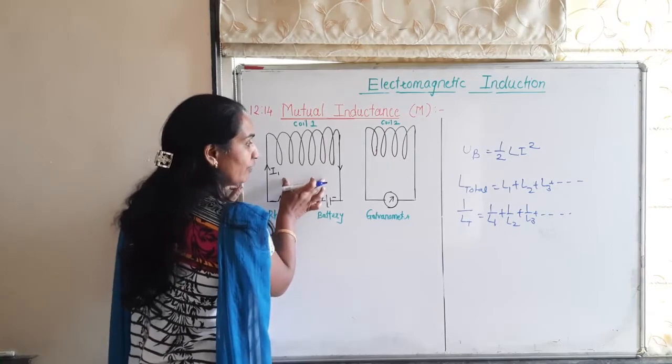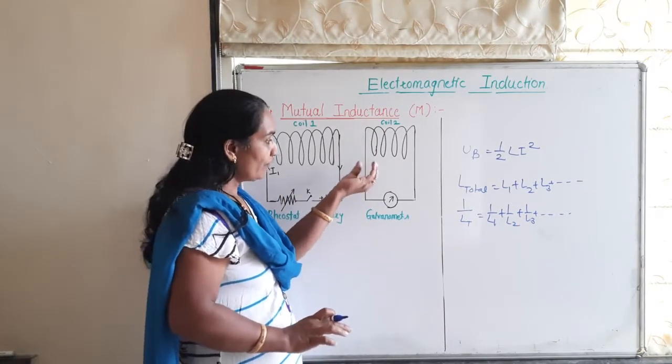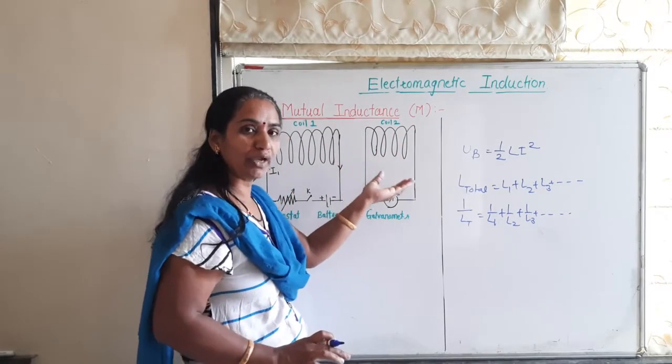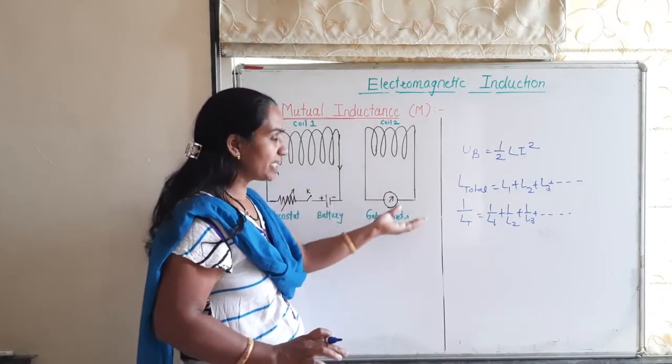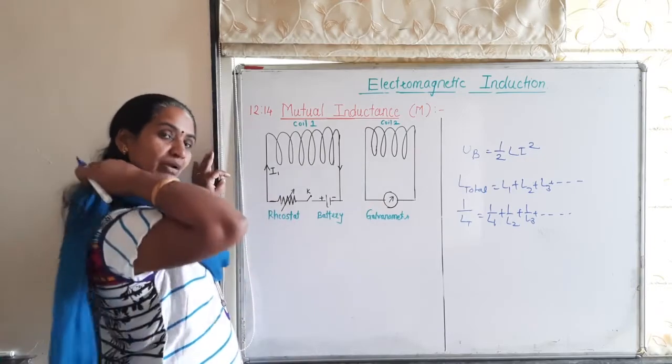Then the magnetic flux phi 21, the flux linked with the surface area S2 of coil 2 due to the magnetic field B1.